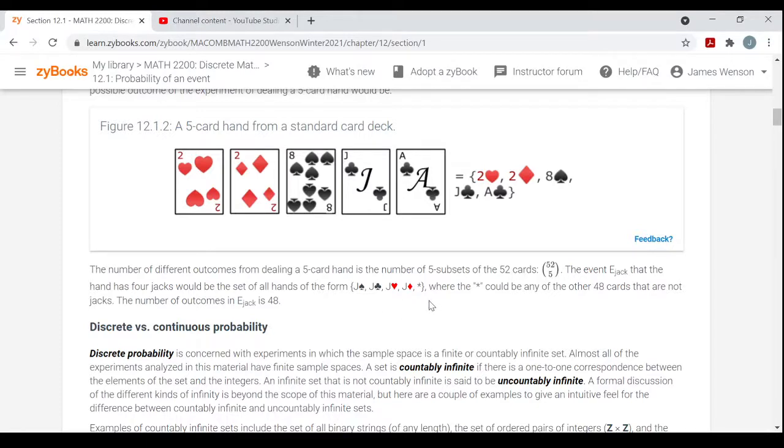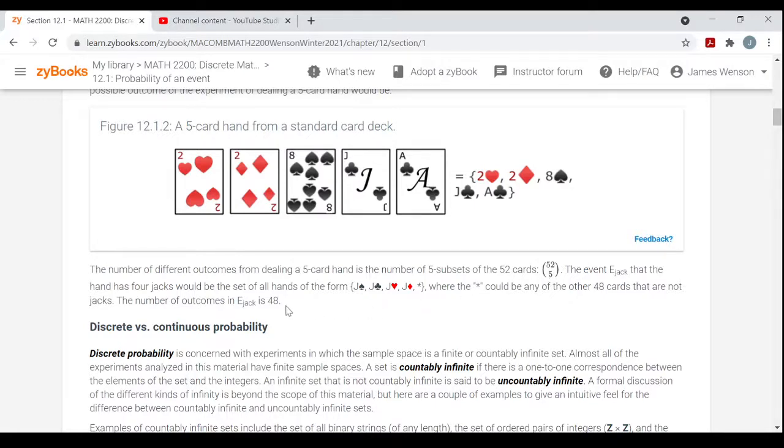So now we talk about finding the probability of being dealt a 5-card hand and getting all 4 jacks in your hand. We're going to see it's just the number of ways that can happen, 48, divided by the total number of possible outcomes, the size of the sample space.